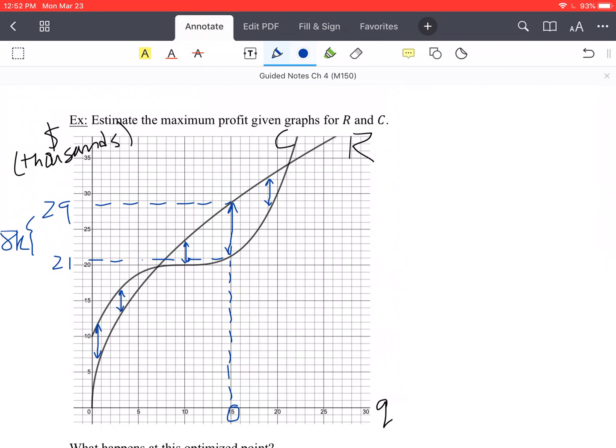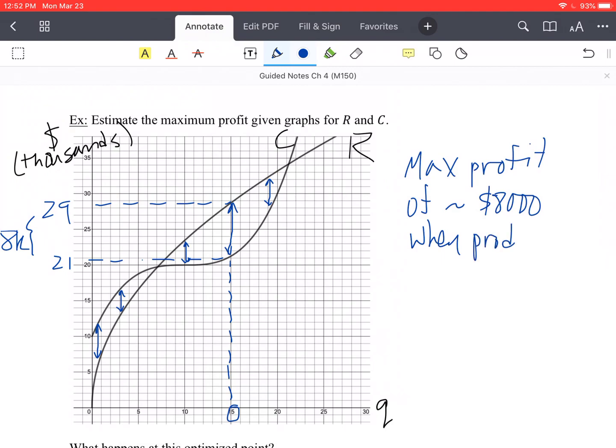Okay, so our max profit of approximately $8,000 occurs when production, or I should say quantity.